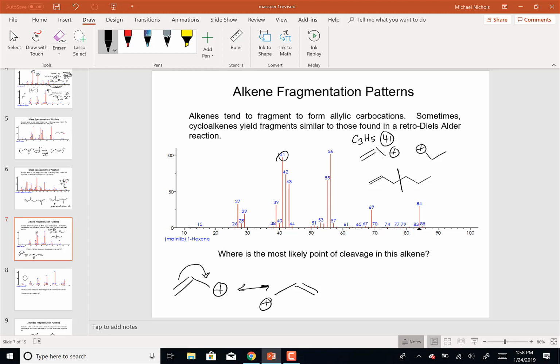The propyl group is a C3H, 1, 2, 3, 4, 5, 6, 7, so that's a C3H7, which is 36 plus 7 is 43, so it's that one.